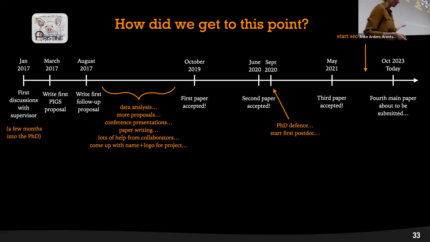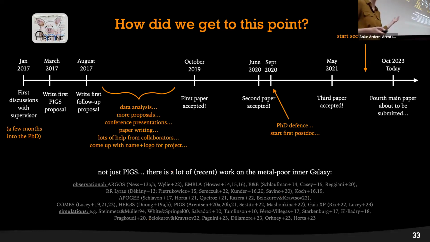So I've mostly focused on PIGS, but it's definitely not the only project looking at the metal-poor inner galaxy. Here is just a compilation that you don't have to read, but just to show how many works there have been on the inner galaxy. Lots of these are using small numbers of stars with really high quality observations, and we're contributing to that.